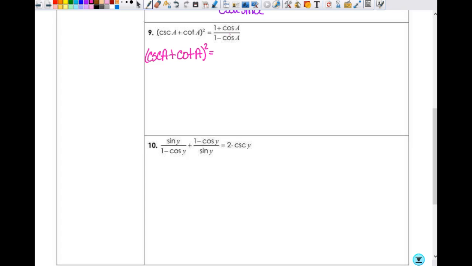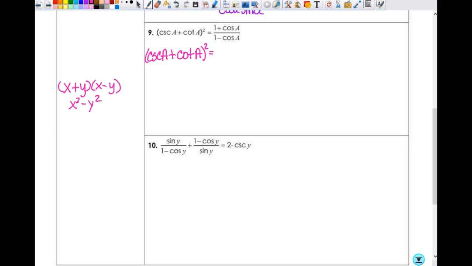Y'all remember doing that? Yes? So if I had x plus y times x minus y, that would give me x squared minus y squared. So if I did that, then I'd get a 1 minus cosine squared. Does that make sense to you? And can I substitute something for 1 minus cosine squared? Sine squared, right? Isn't 1 minus cosine squared sine squared?